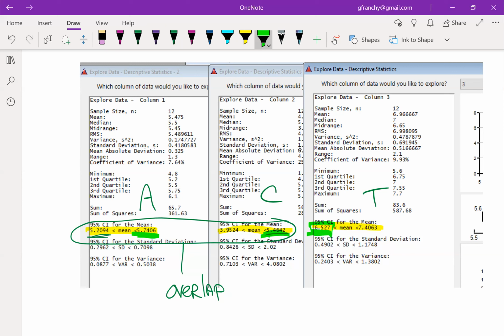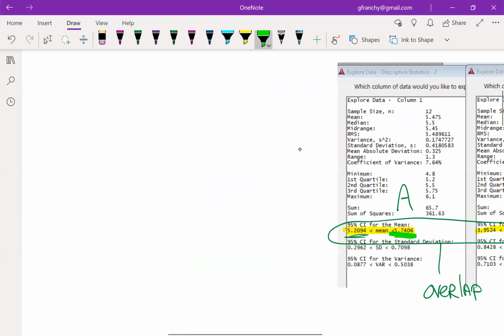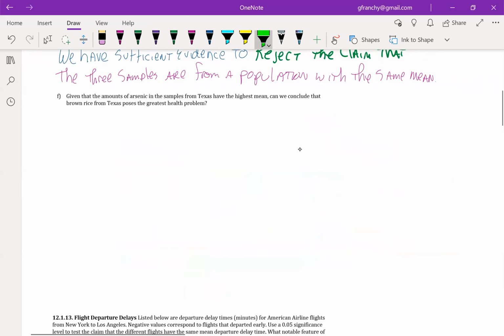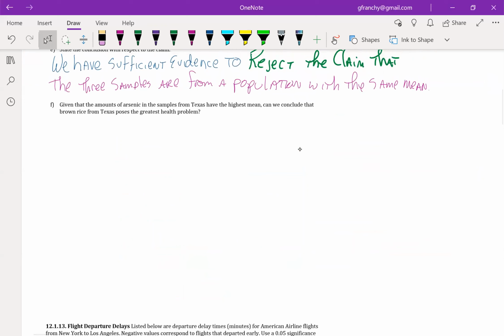So our very informal method and our just a little bit informal method of comparing individual confidence intervals both allow us to go ahead and say that the mean for Texas is higher than the mean for Arkansas, and the mean for Texas is higher than the mean for California.